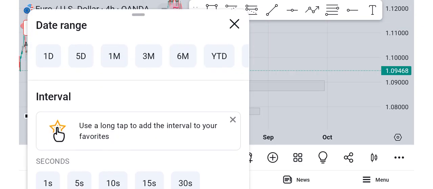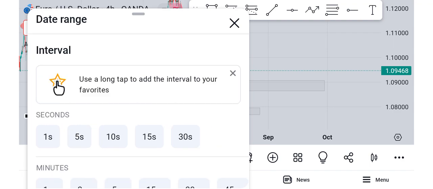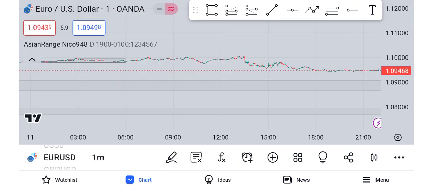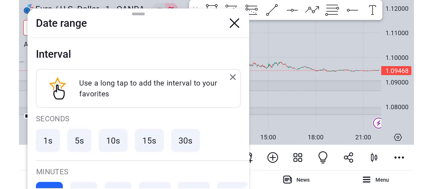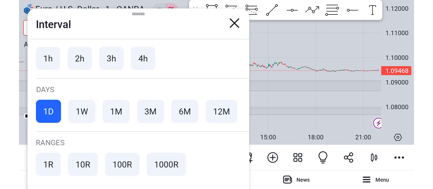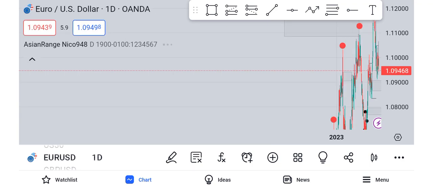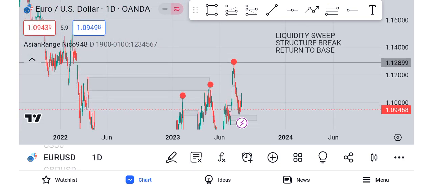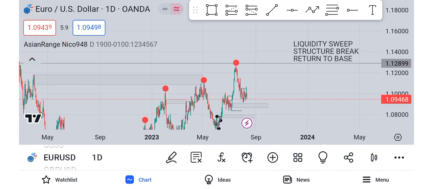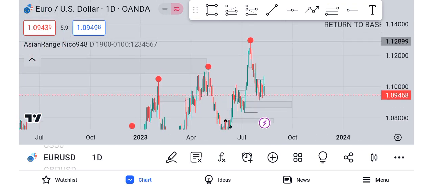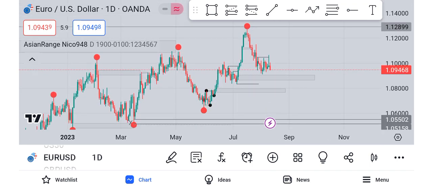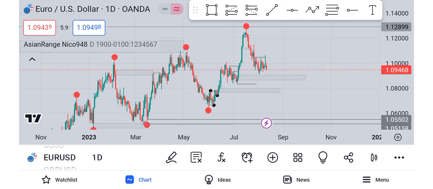Daily time frame. Okay, this is it. As you guys all know, we are still bullish on this daily time frame. It's just that the market is doing this normal pullback within its current range.